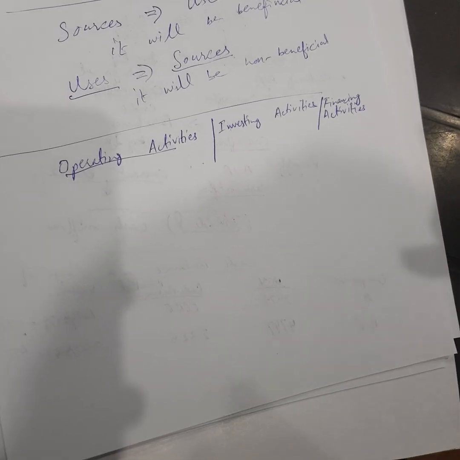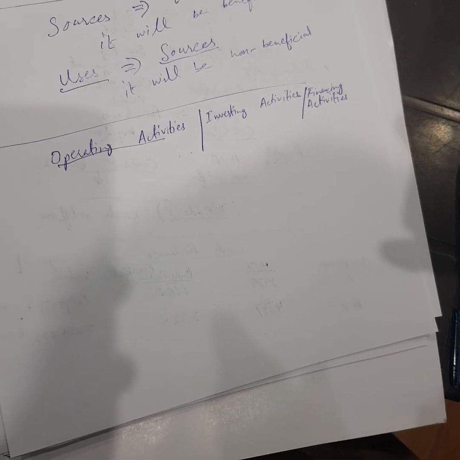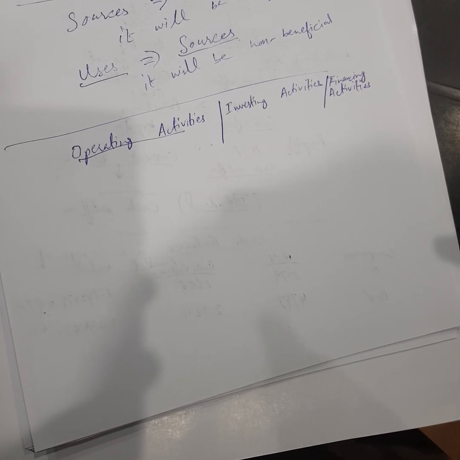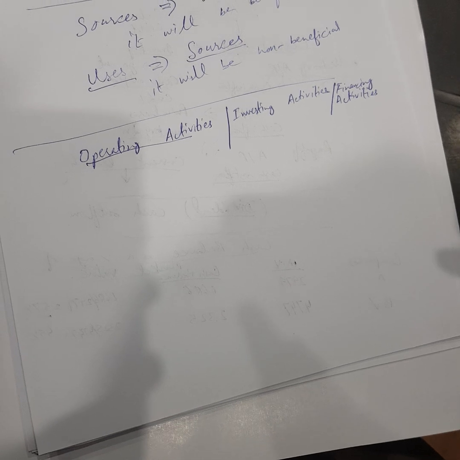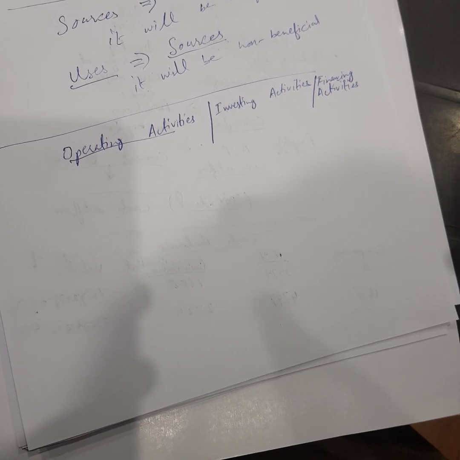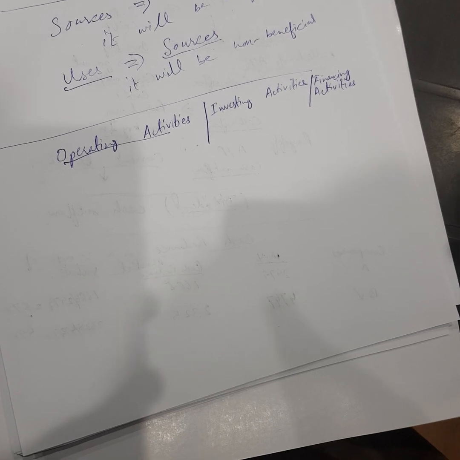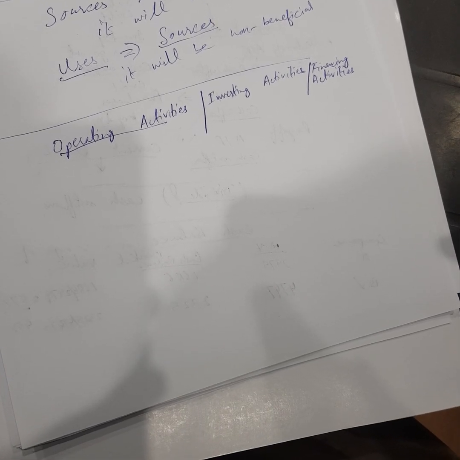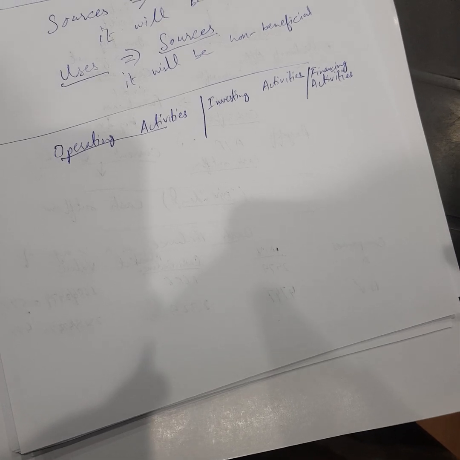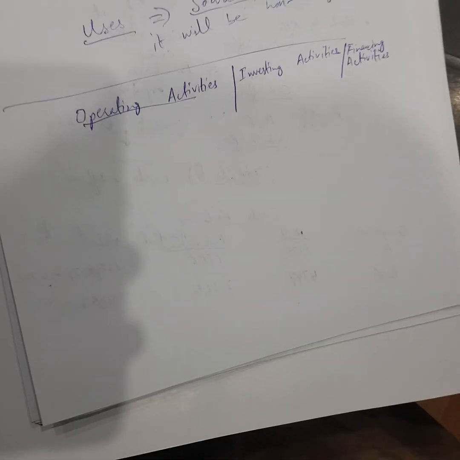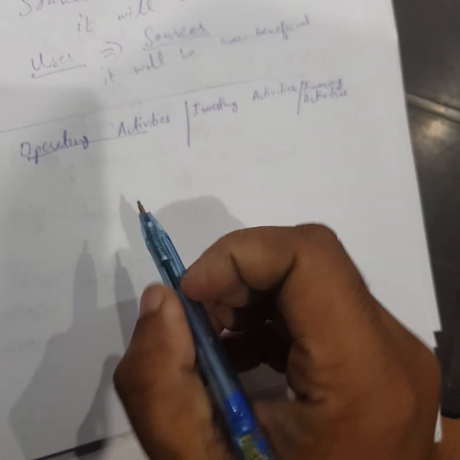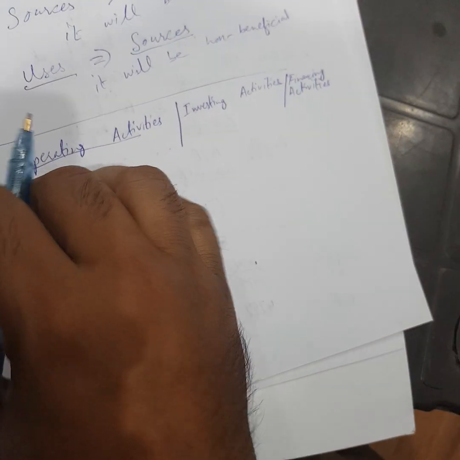The operating activities affect current assets, current liabilities, or net income. They also include the non-cash accounts like accounts payable, accounts receivable, and accumulated depreciation and amortization.